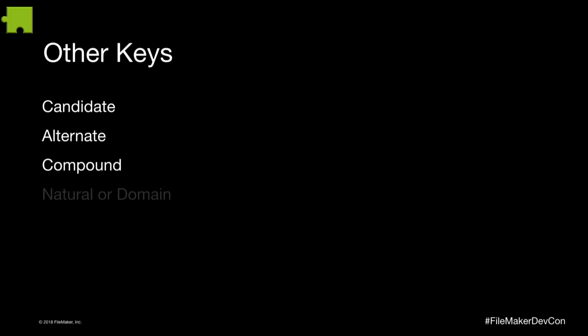And then people talk about natural or domain keys, and that is the sort of thing like a social security number, which is supposed to be unique, but often isn't, and comes from the natural world and has something to do with the data. And finally, people talk about surrogate keys, and these are the sort of keys that I'm recommending that you use.